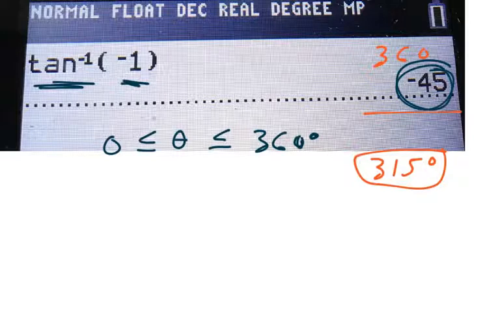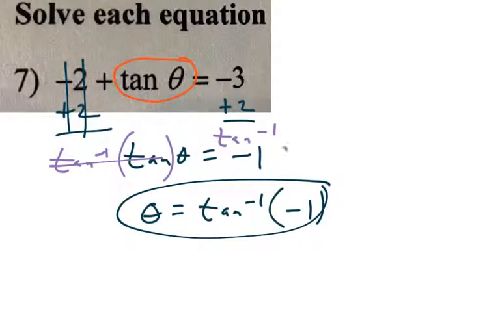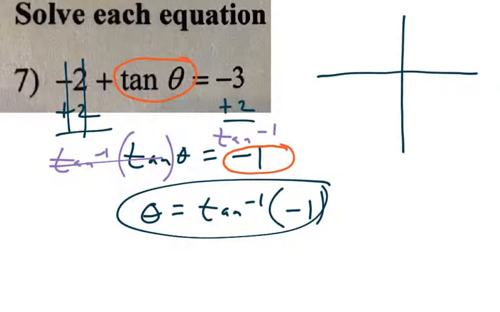Now there is a second angle. Think of when tangent is negative. Our tangent right here was negative 1, right? Well, let's look at the coordinate system. Think about it. Where is tangent negative? Tangent is negative here and here.